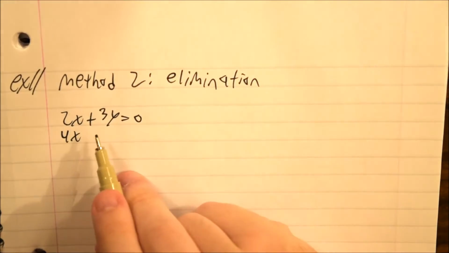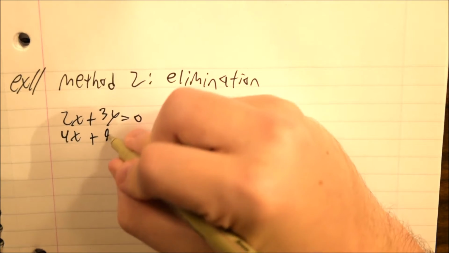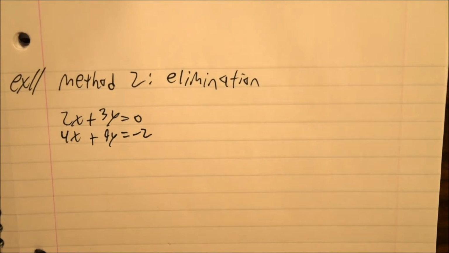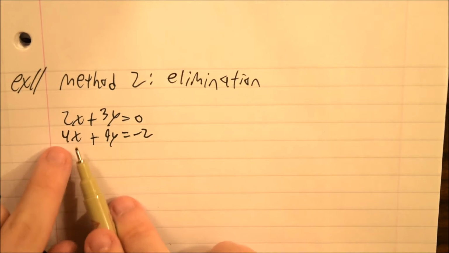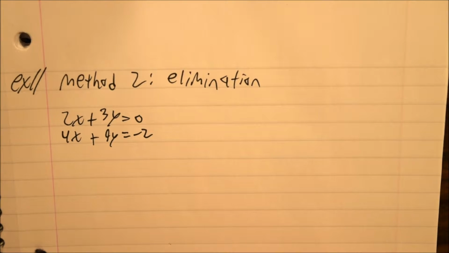I have 2x plus 3y equals 0, and 4x plus 9y equals negative 2. If I were to try substitution here, it's not easy to solve for either x or y in the first equation or the second, because I would get some nasty fraction. We all hate fractions, right? Nobody wants to deal with those.